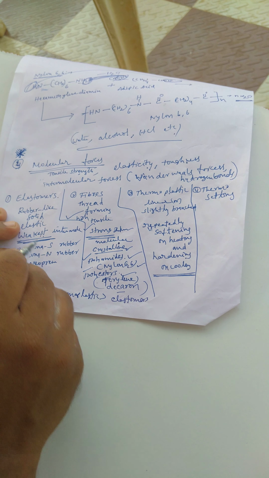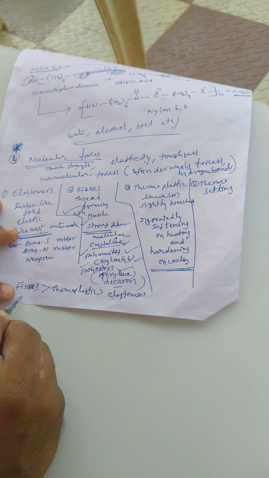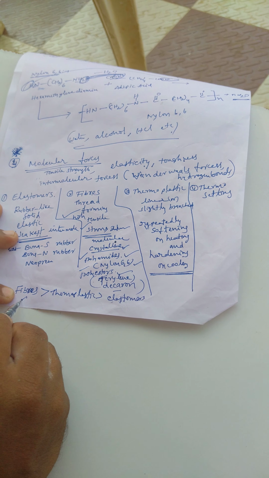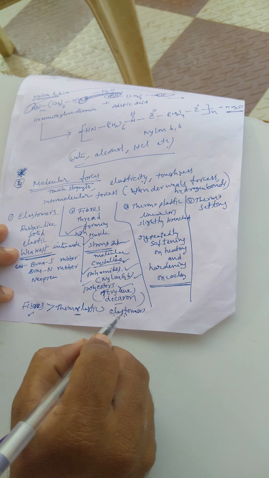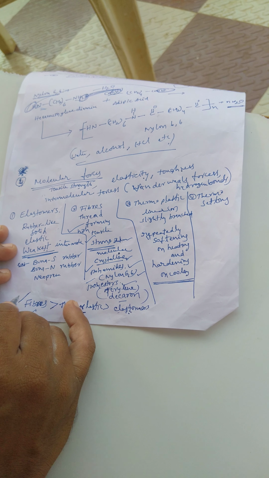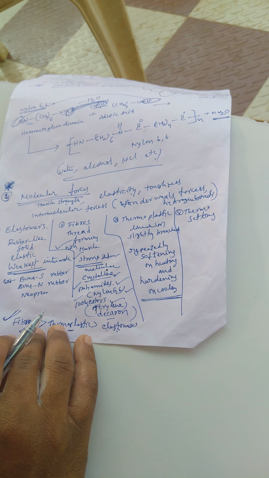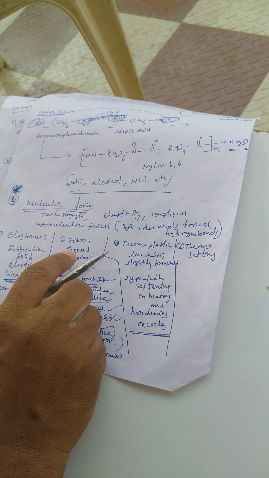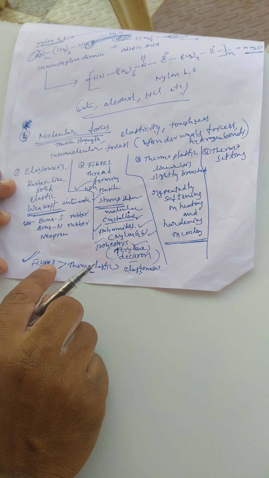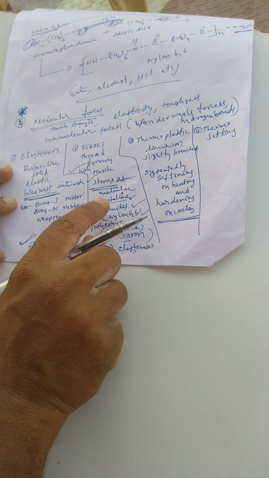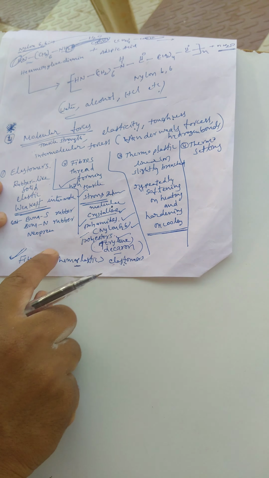Because elastomers are weakest, I said, no. In examination point of view, this is important. If they give elastomers, fibers and thermoplastic polymers, what is the correct intermolecular forces order? You have to say fibers are the strongest, next thermoplastics average, and elastomers the weakest.